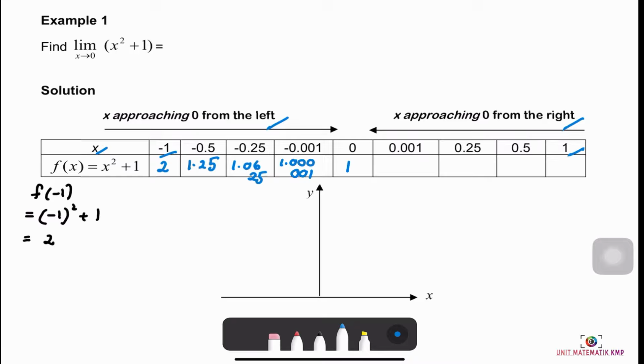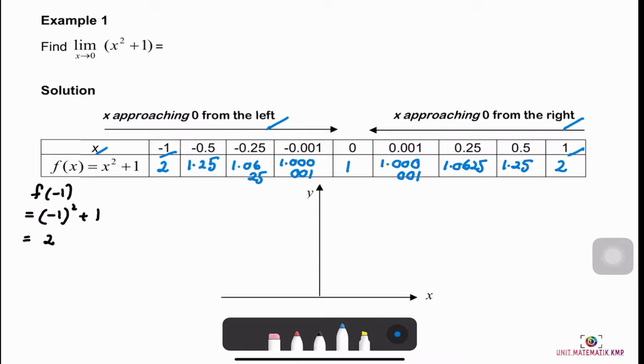And when x is 0.001, the value is 1.000001. When x is 0.25, this one is 1.0625. And when x is 0.5, this one is 1.25. And when x equals 1, this one is 2.